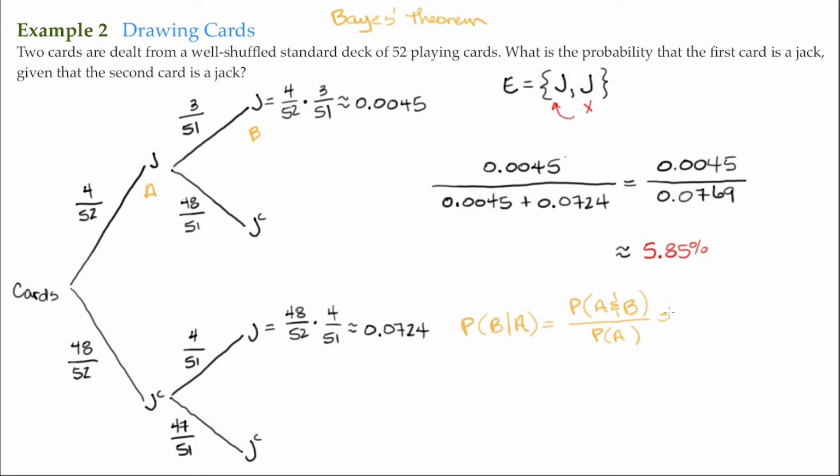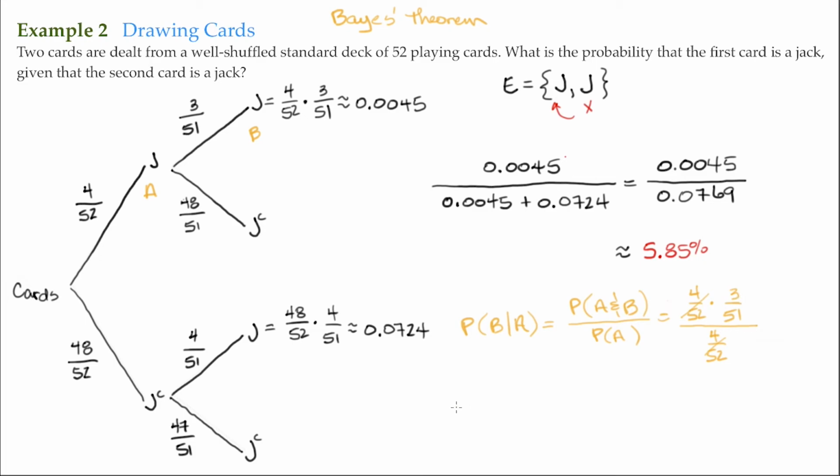So that's going to be 4 out of 52 times 3 out of 51, which of course we know to be 0.0045. And then we divide that by the probability of A occurring. Well, that's this right here. That's the 4 out of 52. And then these two are going to cancel. So the probability of B occurring given that A has occurred, 3 out of 51.